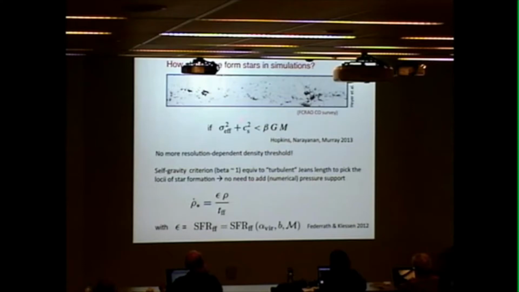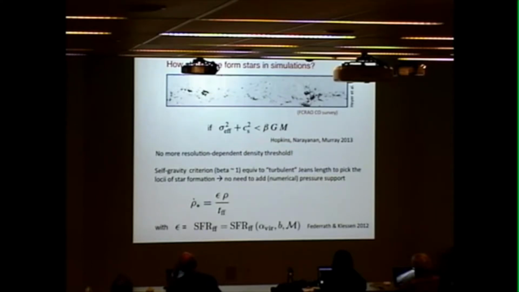Okay, so essentially this is a self-gravity criterion if you set beta equals 1, or you could see it as a turbulent Jeans length criterion to pick the loci of star formation. In a sense, what we're saying here is that if gas is gravitationally unstable, there's nothing that will prevent it from forming stars.